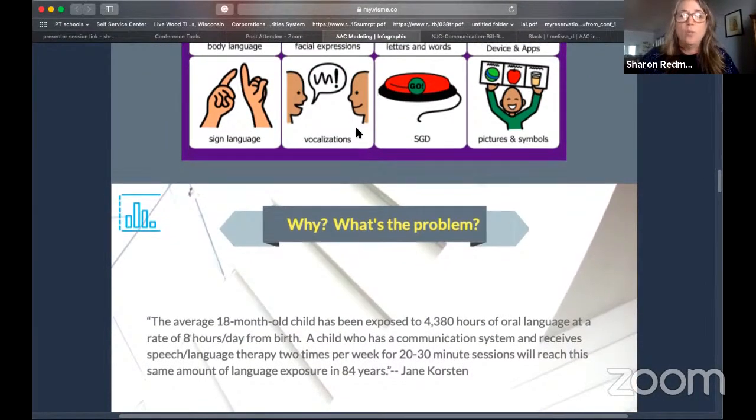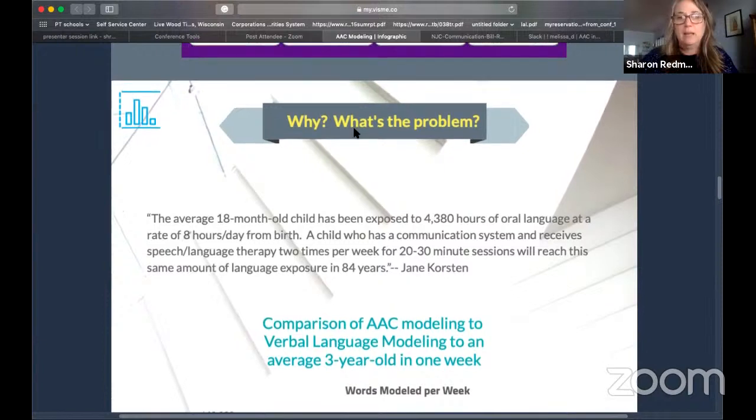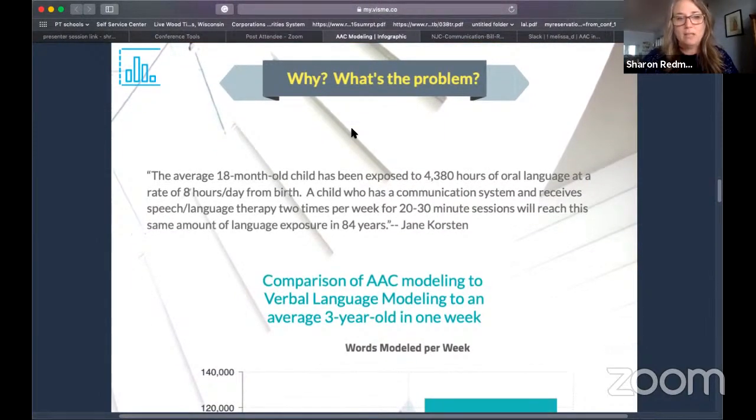So why should we be modeling AAC? So we know the problem is that, and I'm sure many of you have seen Jane Korsten's information here in this research, where you're looking at what an 18-month-old child is exposed to with oral language, and then how long that would take for a child that speaks AAC.